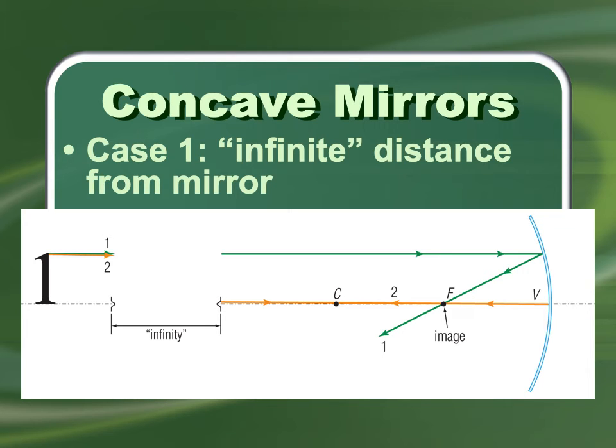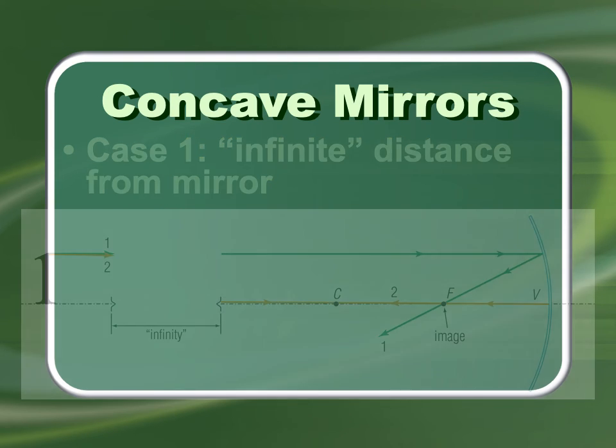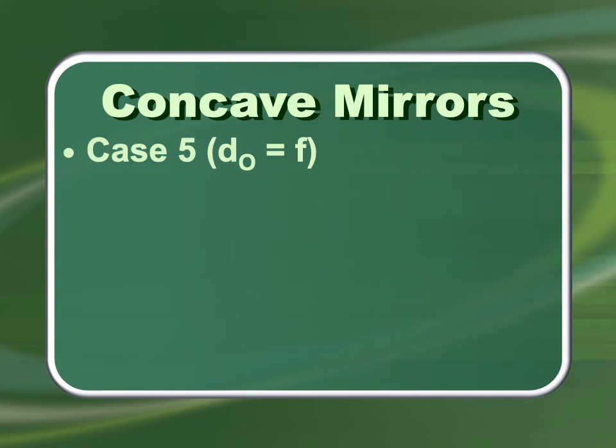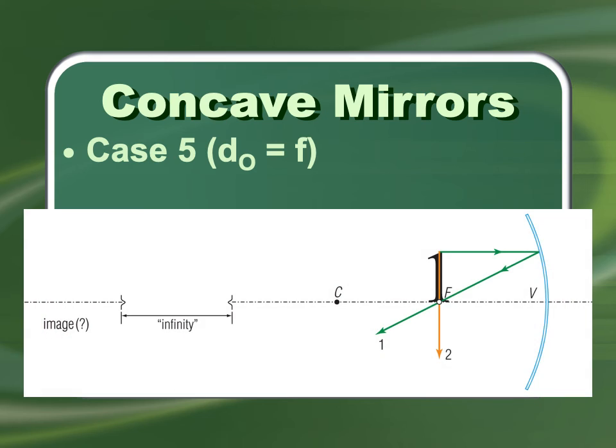And the problem is that both lines are basically coming in parallel. One is coming in parallel at the height of the 1, and one's coming in parallel along the focal point. And so they both bounce back through the focal point, and they're just together. There's just no image there.